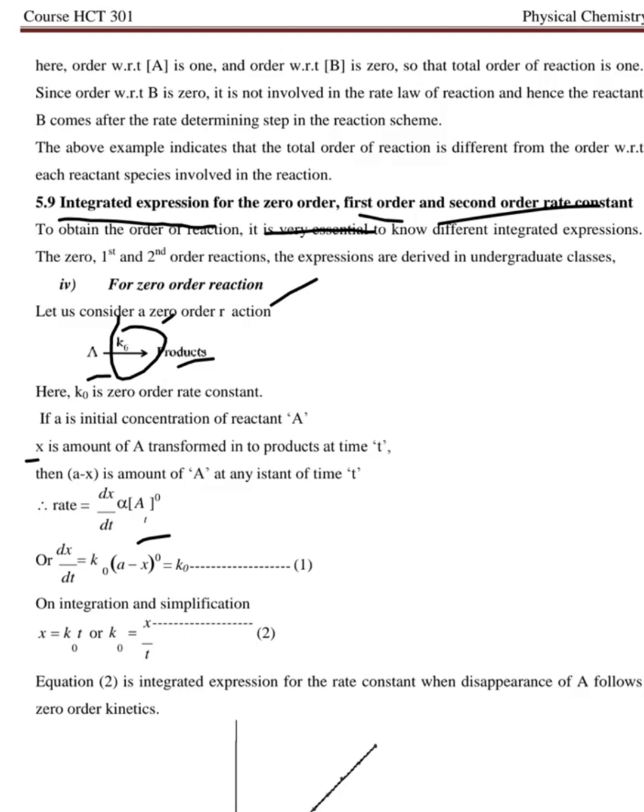T is with respect to time, at what time the rate of reaction is taking place. So K is the rate constant.